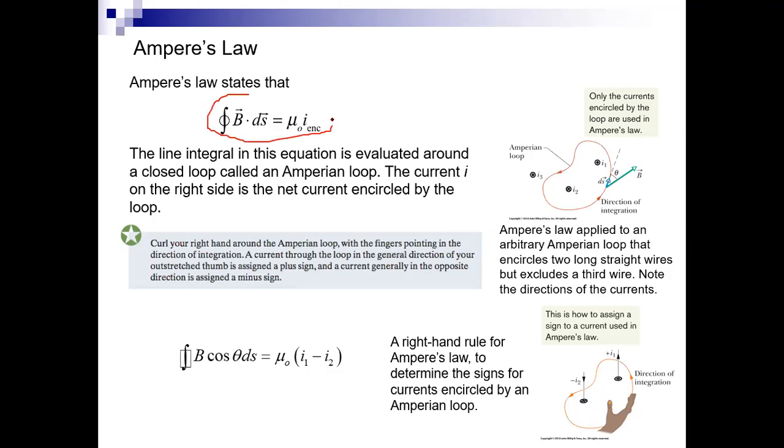This equation. Apparently, what is this equation describing? Integral around a closed path of B dot ds, where B is the magnetic field, ds is some differential length, differential path, and mu naught and I enclosed.